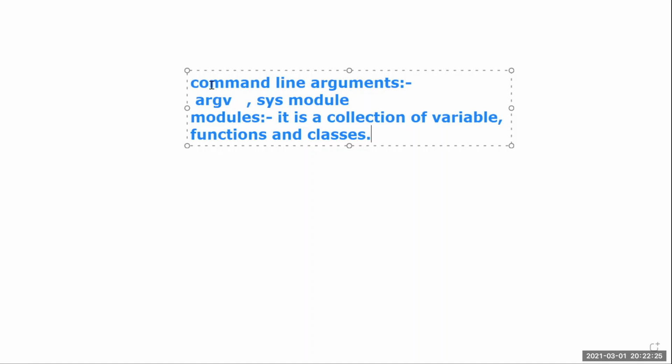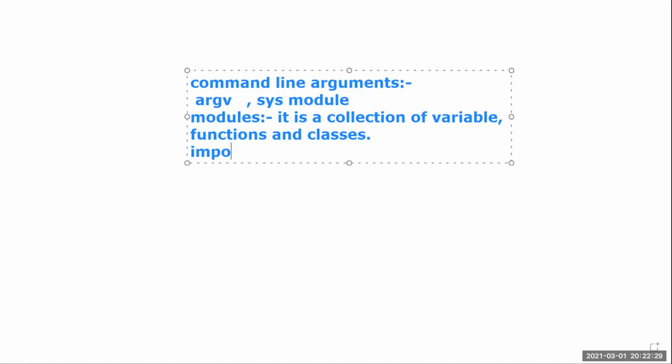Then how can I access this variable? See here, we have to write import sys first, because I want to make use of argv in my program. Only by using this argv variable is it possible to read command line arguments. As this variable is defined in the sys module, I have to import the sys module before starting my program.